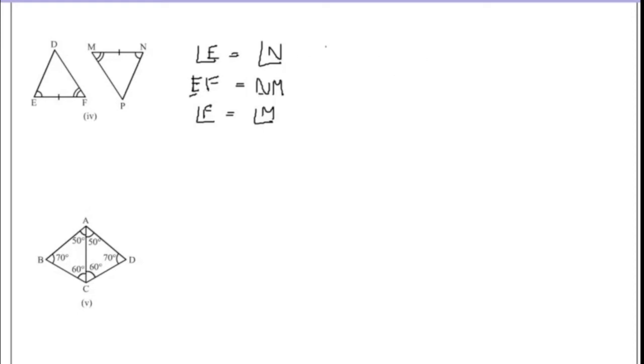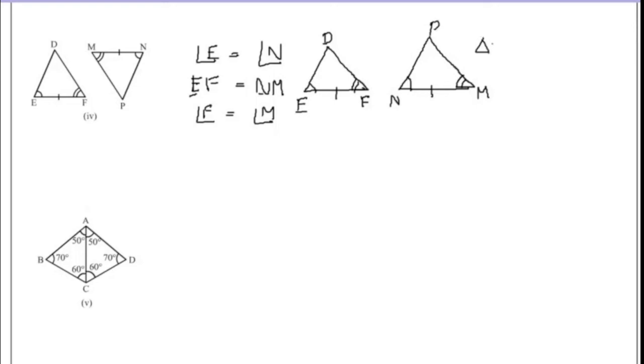Now this is reordering the triangles. We have D, E, F. We have E and F angles and EF the side. So the next triangle, we have E is equal to N. So we have N here and M over here and NM is equal and the remaining angle is P. So this is a really simple example.